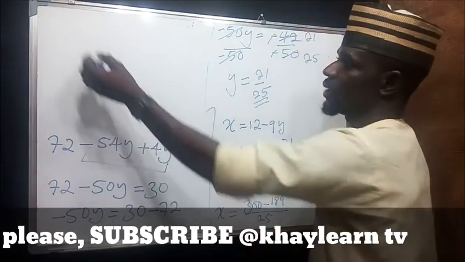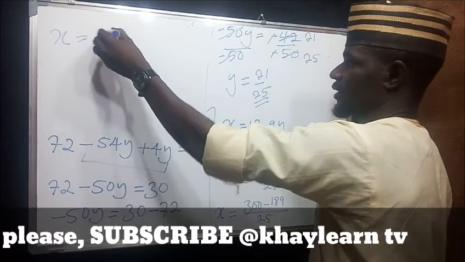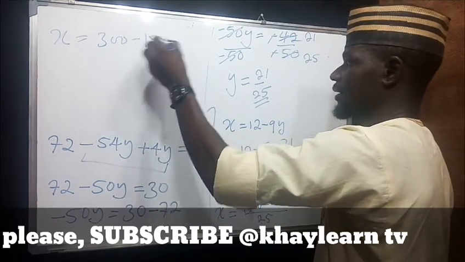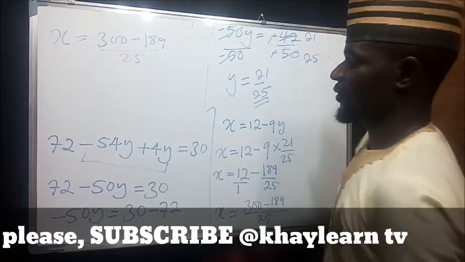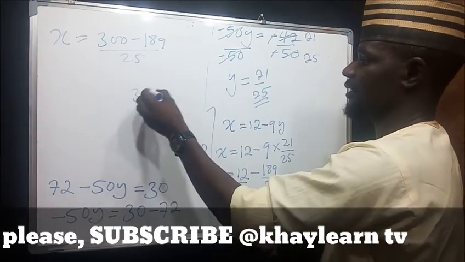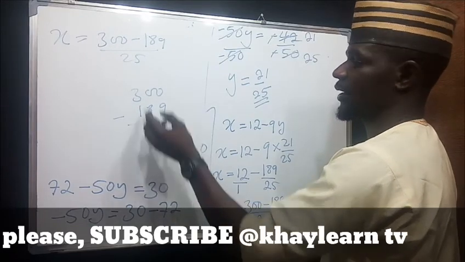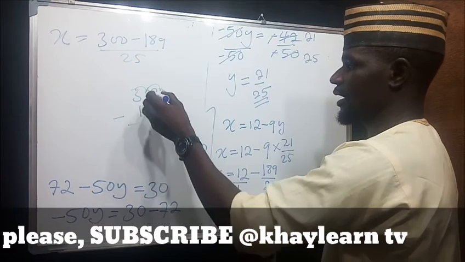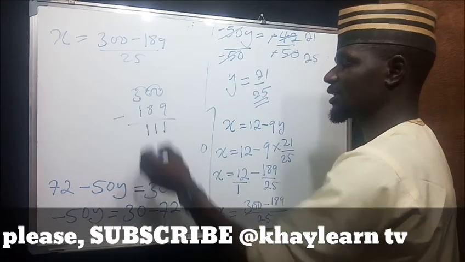x equals 300 minus 189 divided by 25. 300 minus 189 gives 111.